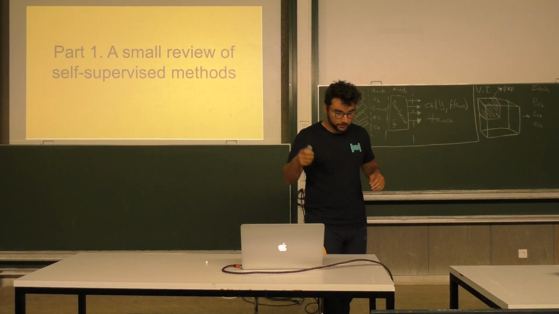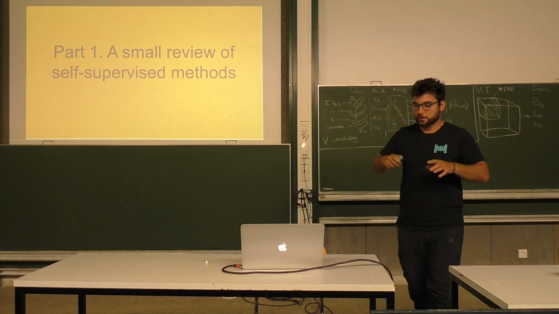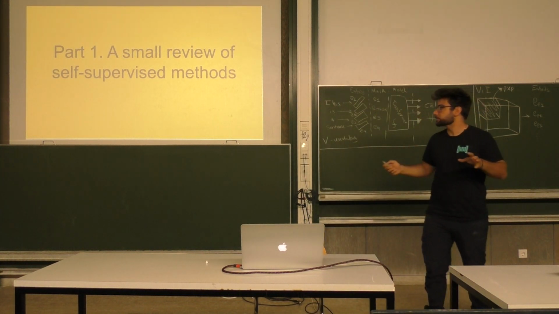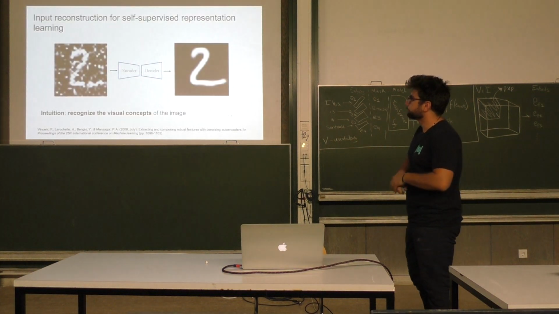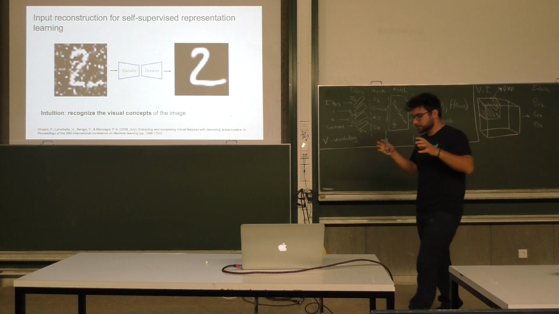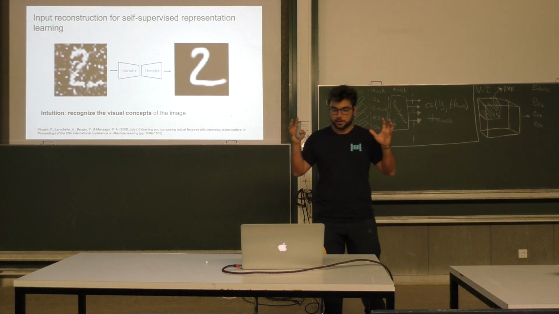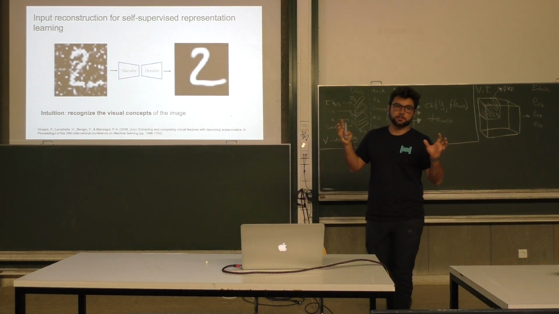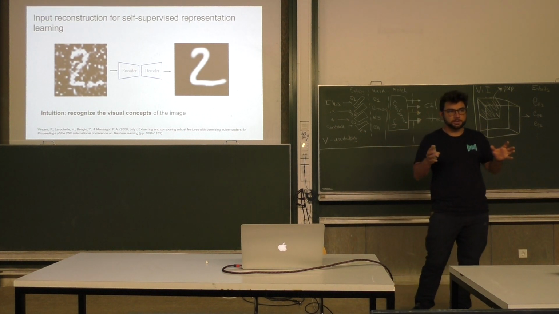So we'll begin with a small overview of the self-supervised methods we have seen so far in vision. We saw the pretext task of autoencoding, specifically denoising autoencoders.